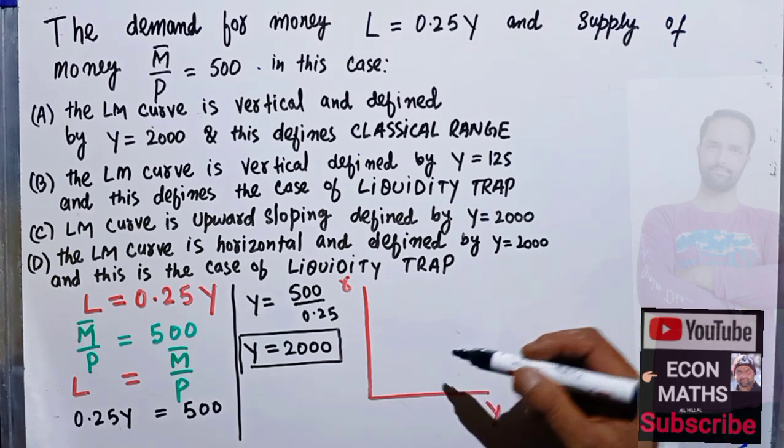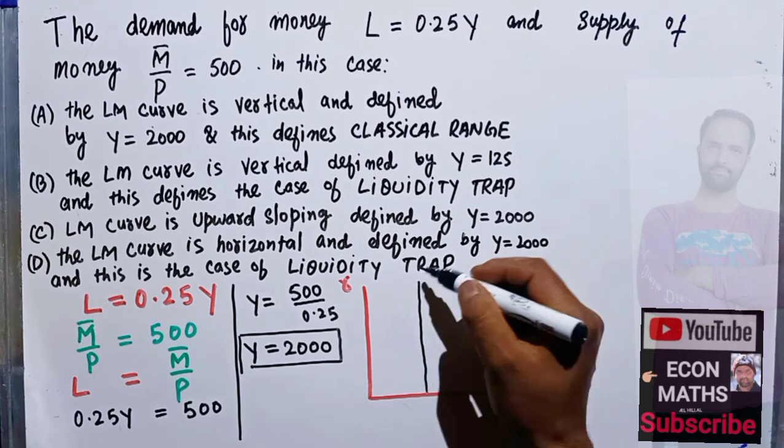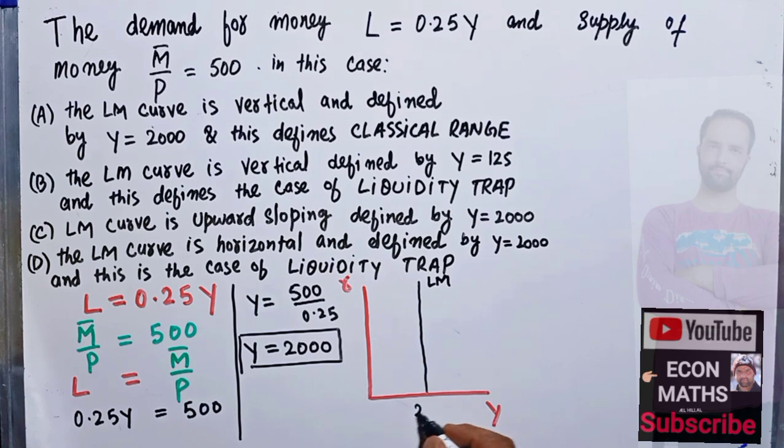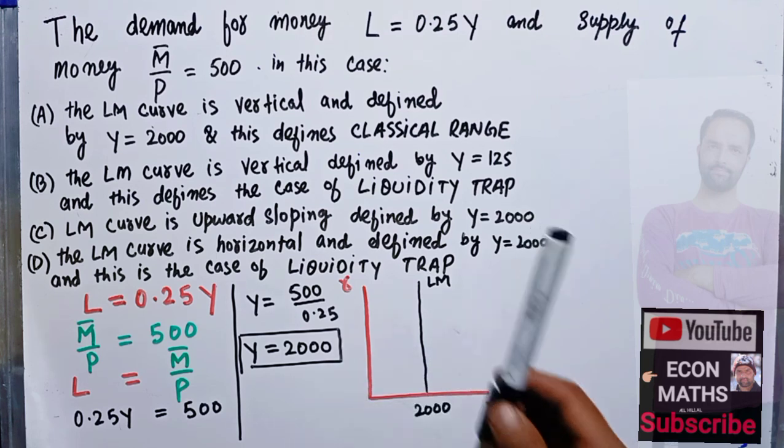Let us say this is our LM curve at an output level of 2000. Here, with y = 2000, our LM curve is vertical, and this denotes the classical range.